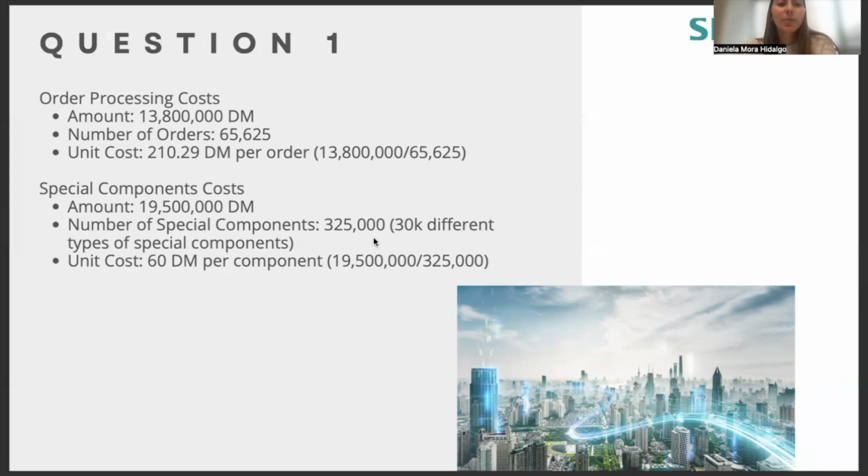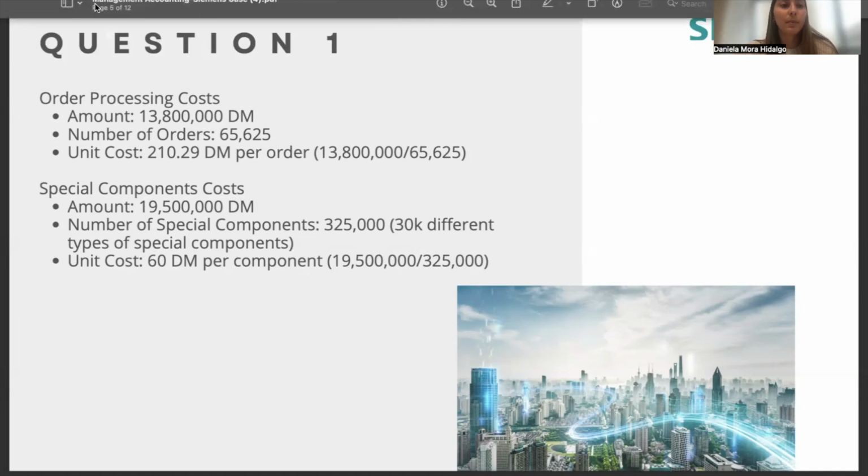And then we have the special component cost, which amounts to 19,500,000 Deutsche Mark, and the number of special components is 325,000, which is 30K different types of special components. And then we divide this again and we get a unit cost of 60 DM per component.